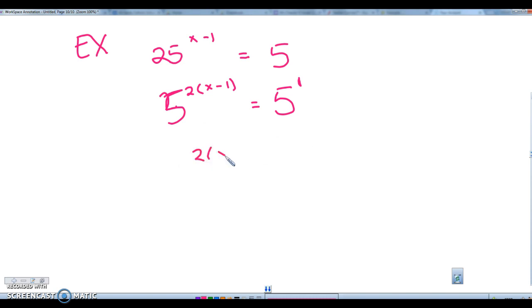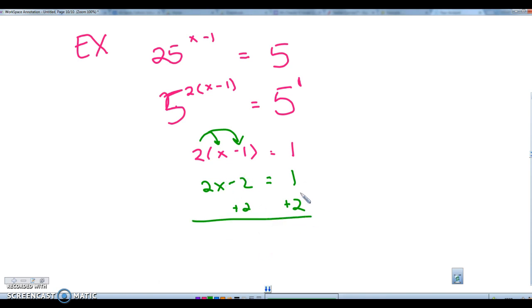So I can have 2 times x minus 1 equals 1. From here I distribute. So I have 2x minus 2 equals 1. I add 2 to both sides. When I add 2 to both sides, these cancel. I get 2x equals 3. I divide both sides by 2. And I get x equals 3/2.